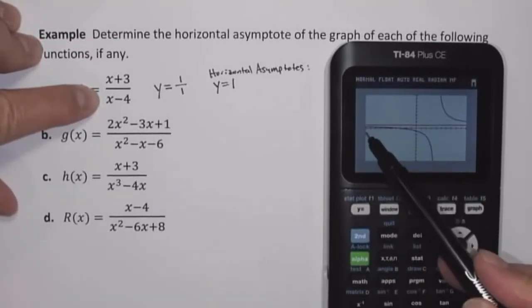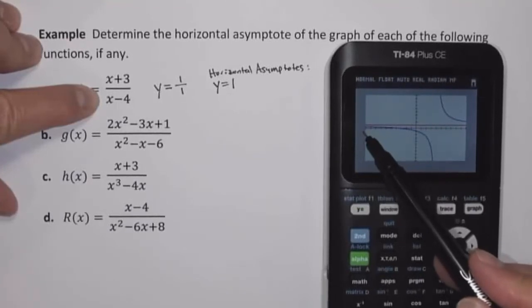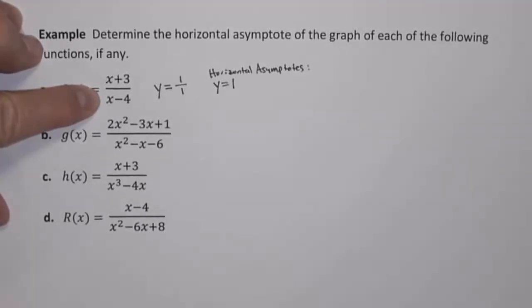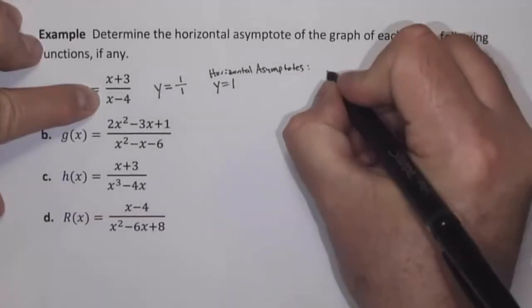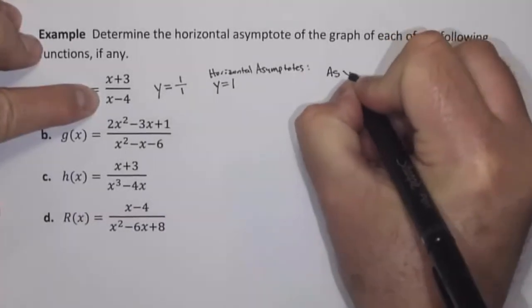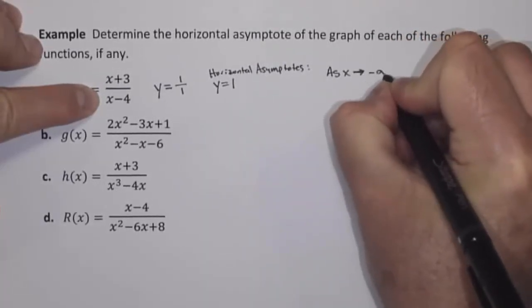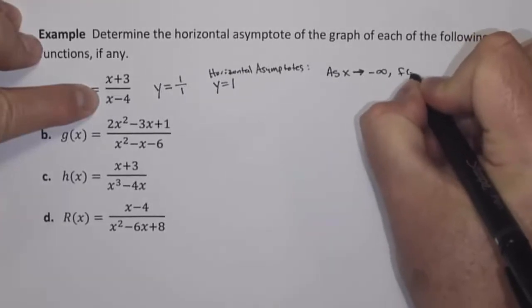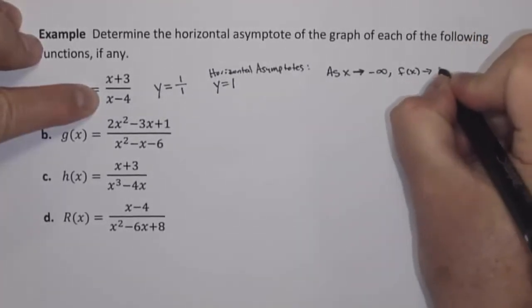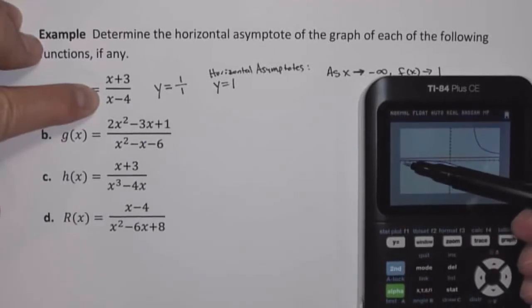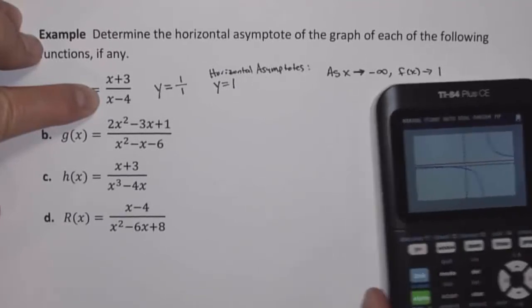So as x is going this direction, the graph is getting closer and closer to that horizontal asymptote, and the same is happening here. So in fact, we might say that as x goes to, that arrow means goes to, negative infinity, f of x is getting closer and closer to the value of 1. So again, as I'm going that direction, the value of f of x is getting closer and closer to 1.